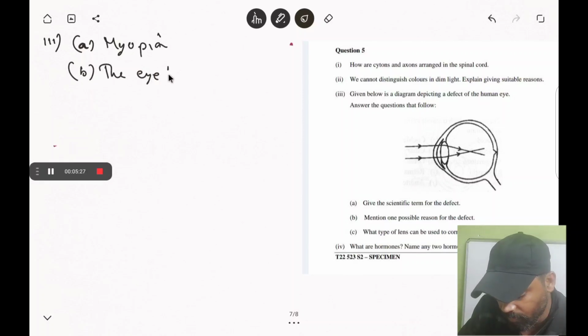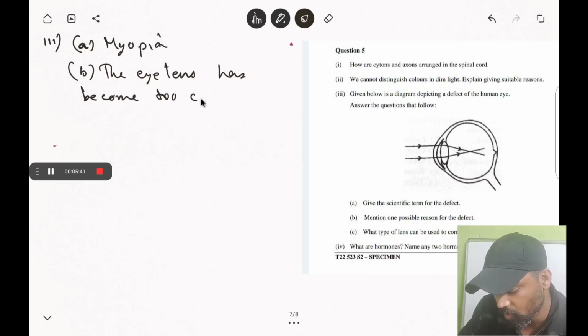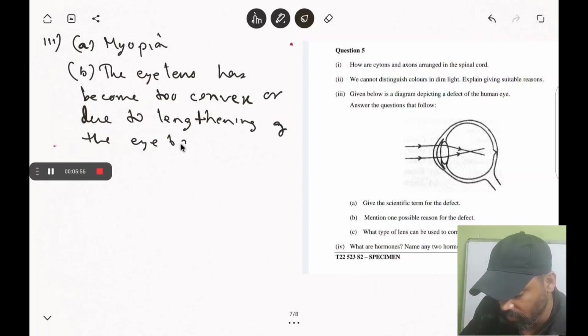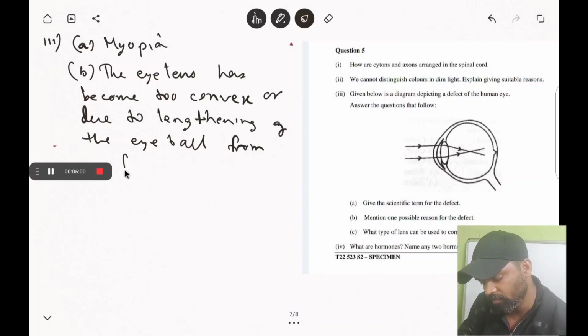The eye lens, sorry, not eyeball, eye lens. The eye lens has become too convex, or due to lengthening of the eyeball from front to back.